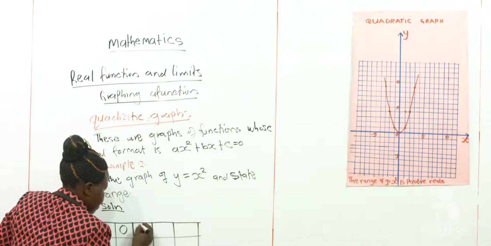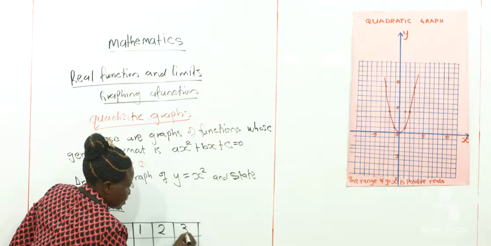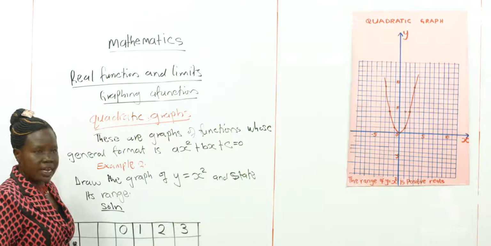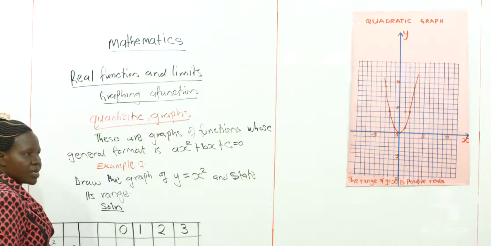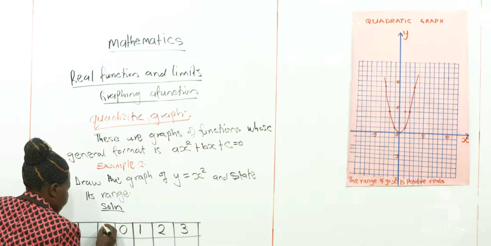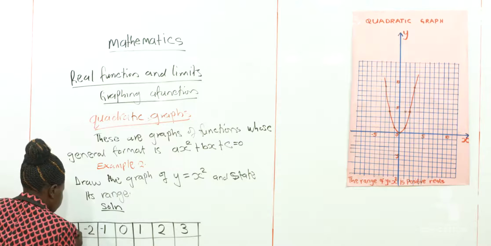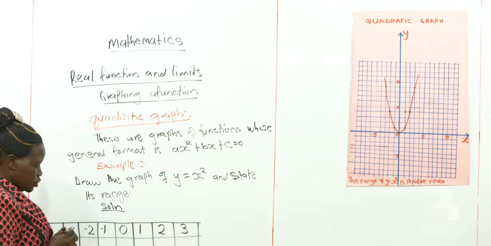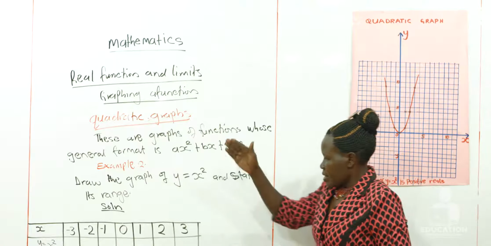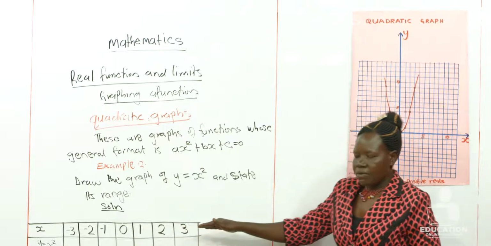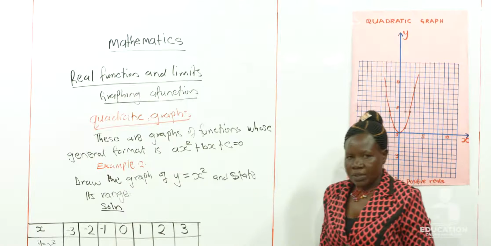That is, we shall have positive 1, positive 2, and positive 3. And then we do the same. From 0, we move backward 3 steps. We shall have negative 1, negative 2, negative 3. So, after you have created what we call the objects or the domains.